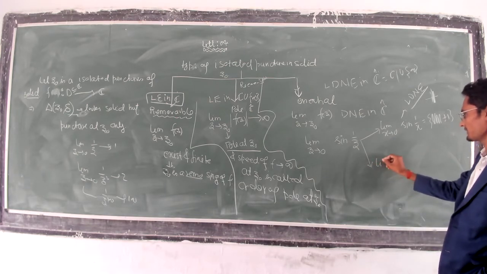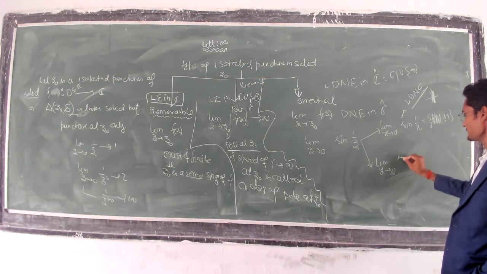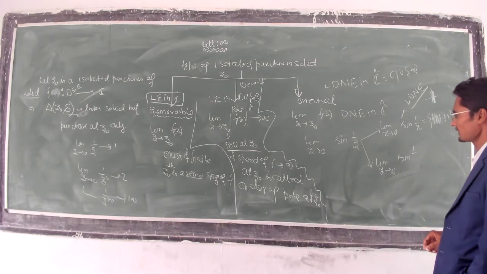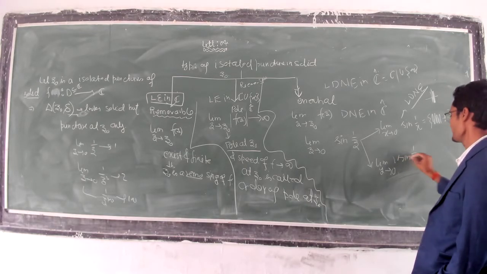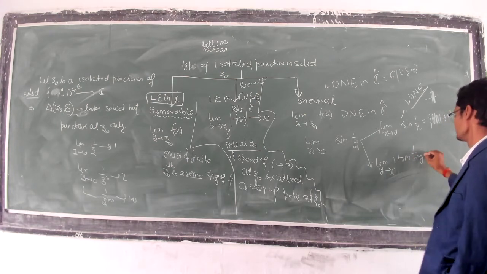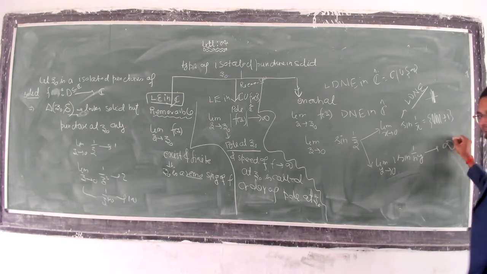One more step, limit y tending to 0, this will be sinh of 1 over y, something hyperbolic in y. This way it will go to infinity.